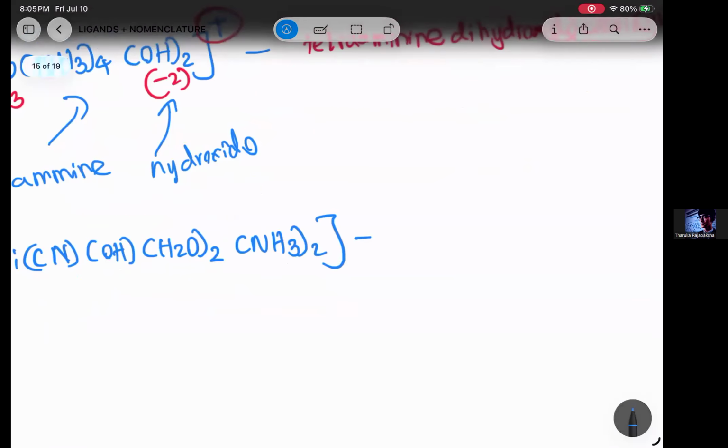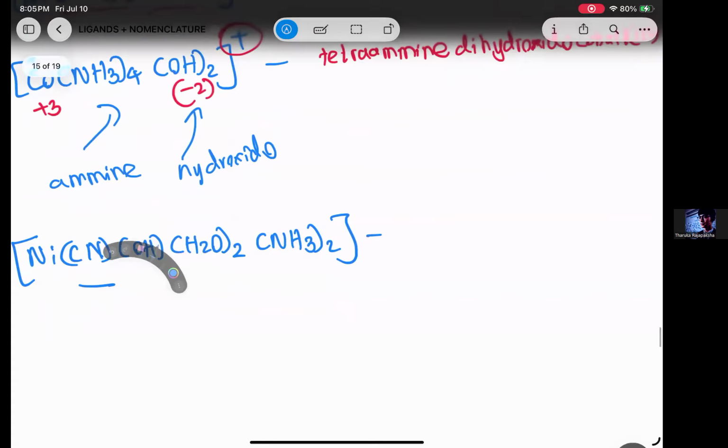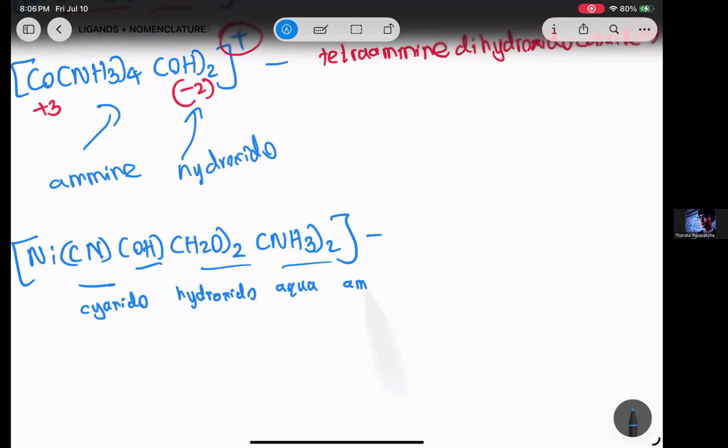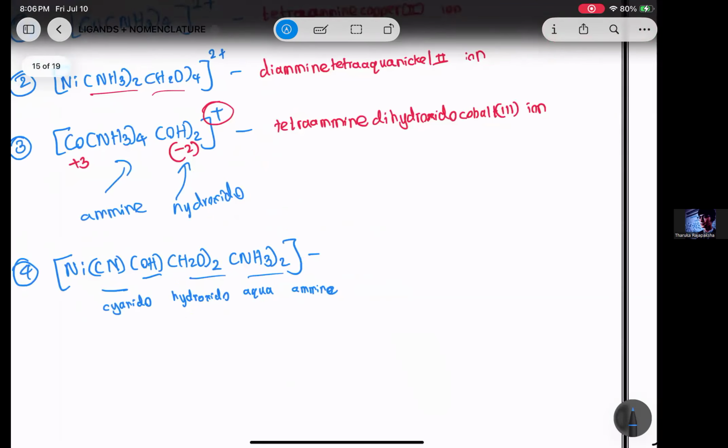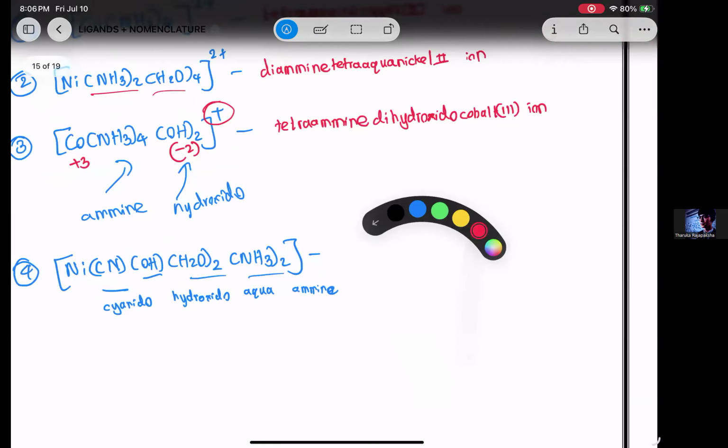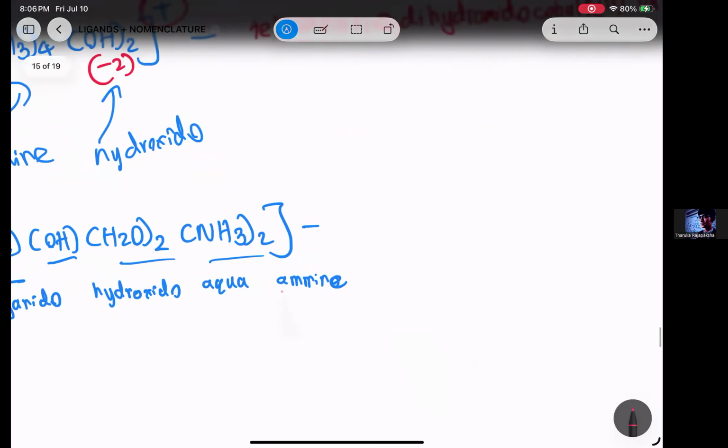Okay, first of all, now you have to identify this is cyanido. This is hydroxido. This is aqua. This is amine. So when you're naming it, you start off with AM, right? AM comes first.